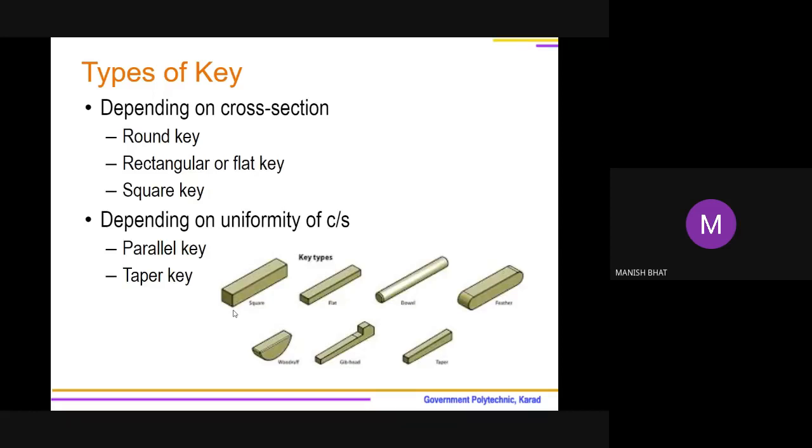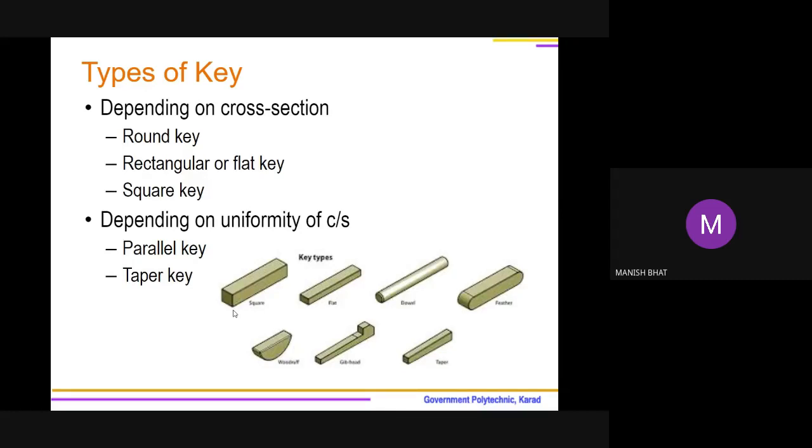So you might be knowing that taper is of the order of 1 in 100. 1 in 100 means in 100 mm length, 1 mm taper is provided. It means when thickness is 8 mm, at a length of 100 mm it will reduce by 1.